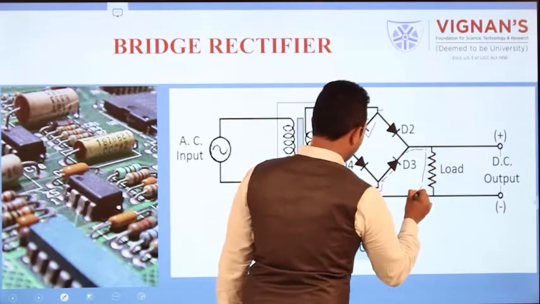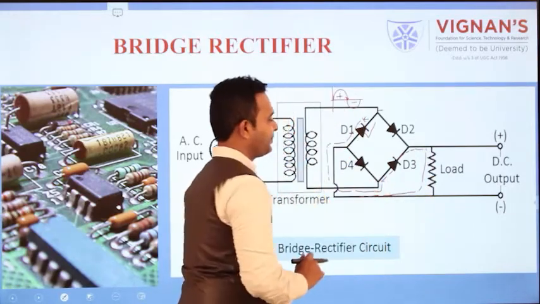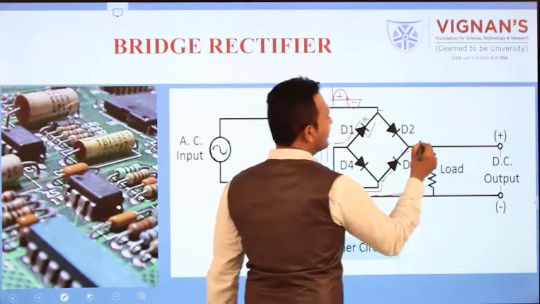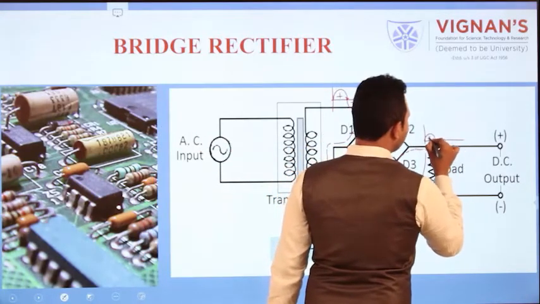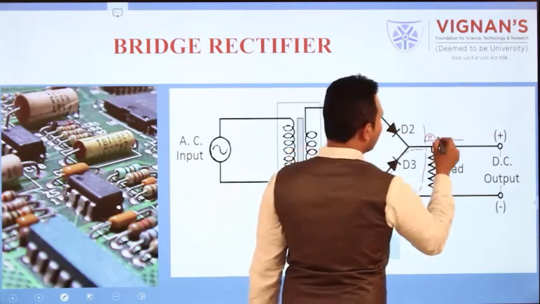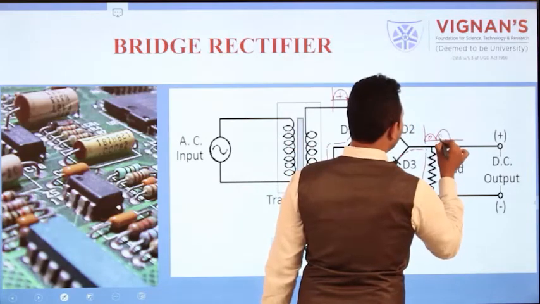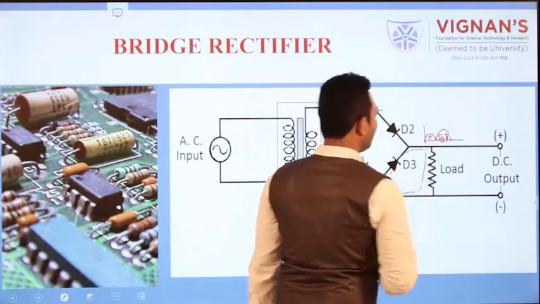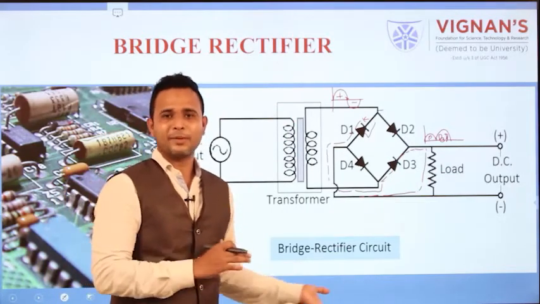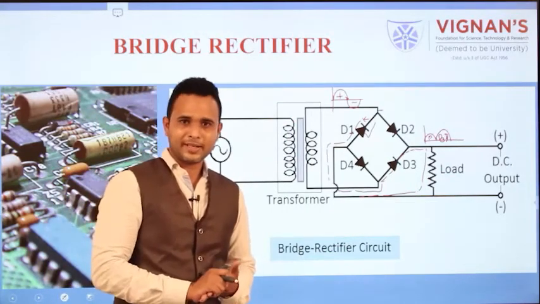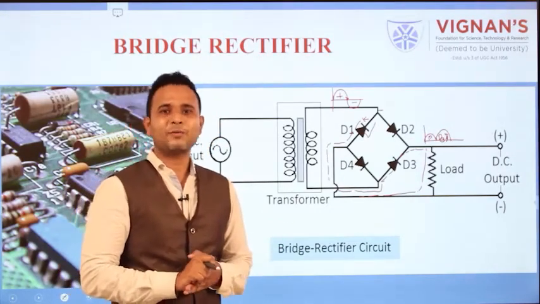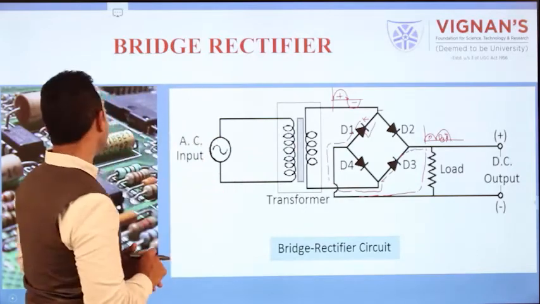Current flows this side, and the circuit is closed. This first positive pulse comes along with diodes D2 and D4, and the next positive pulse comes along with diodes D3 and D1. In this way the circuit is closed and the output comes with the help of a normal secondary transformer instead of the center tap transformer. This is the main advantage of the bridge rectifier.